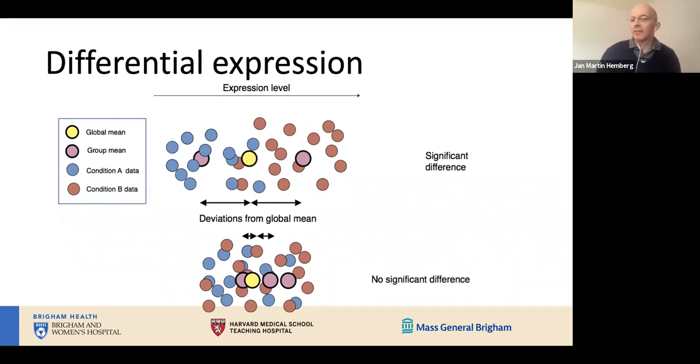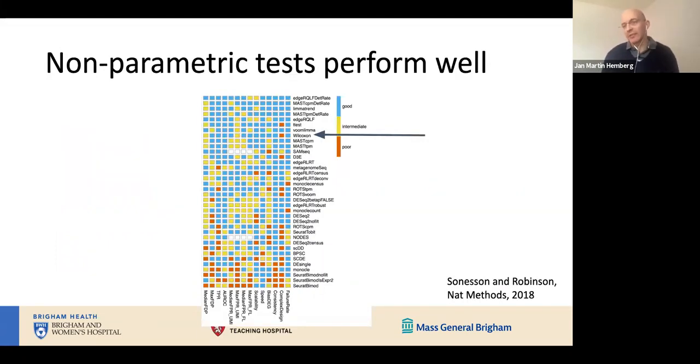There are lots of methods for doing differential expression for bulk RNA-seq. There are also lots of methods that have been designed specifically for single-cell RNA-seq. What's interesting is that in a big benchmarking study done a few years ago, they tried to compare these. What turned out, rather surprisingly, at least from my point of view, is that one method that performs really well, and you can see here that blue means it does well and red means it does poorly, is just the standard Wilcoxon rank test.